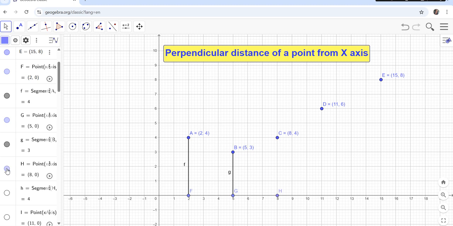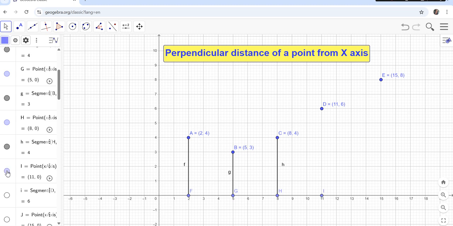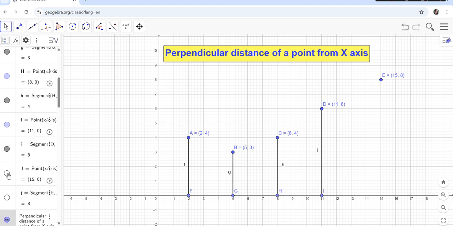Another point on the x-axis H and perpendicular line segment to the x-axis CH. Next point I'll mark on the x-axis, which is I, and perpendicular line segment DI. Another point is J and perpendicular line segment is EJ.